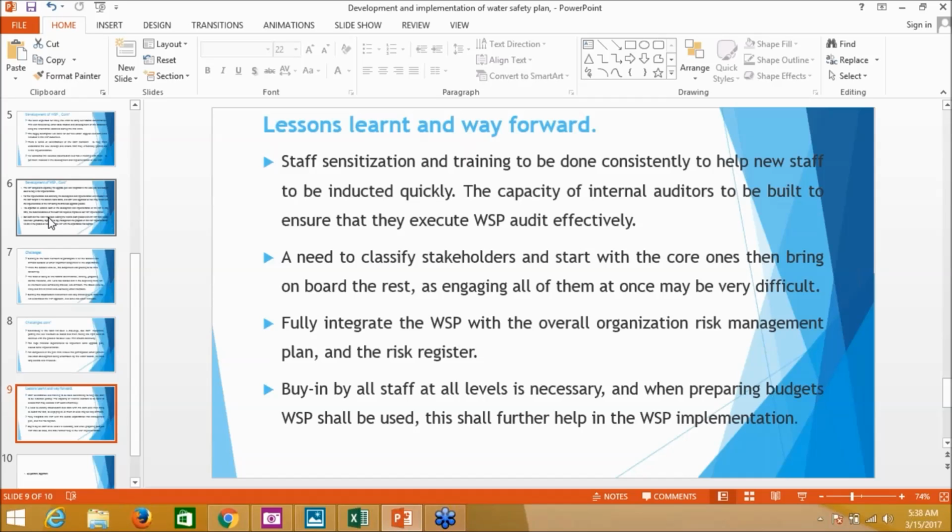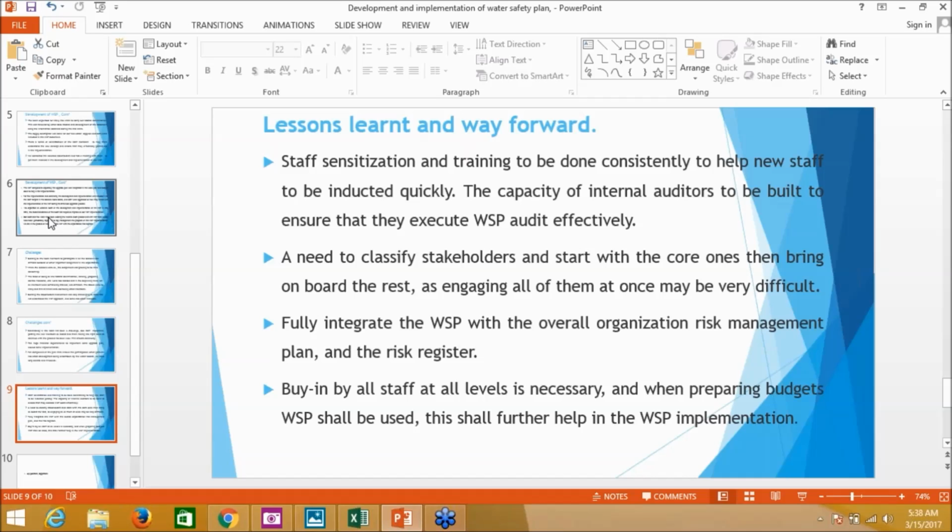Buy-in is also important by staff at all levels. At first, some managers never understood and thought that maybe water safety plan is for quality staff. But now, with all the series of sensitization and trainings, they realize that water safety planning is a useful tool in managing the organization's operations overall.